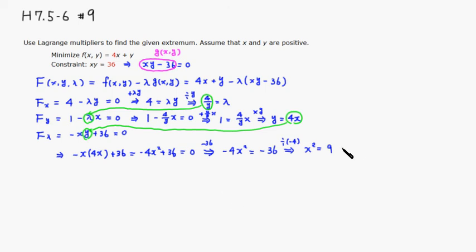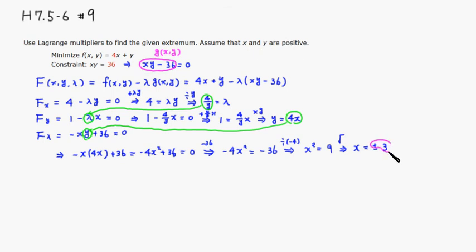Then take the square root of both sides. So x is equal to plus or minus the square root of 9, which is 3. But remember that x and y are positive, so we're looking at the positive value.